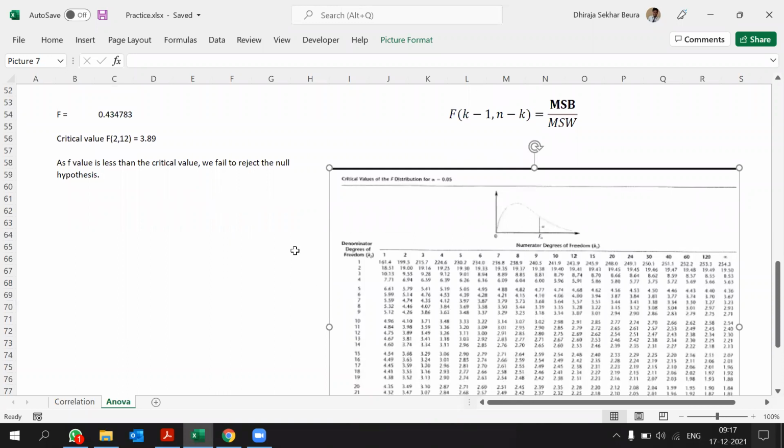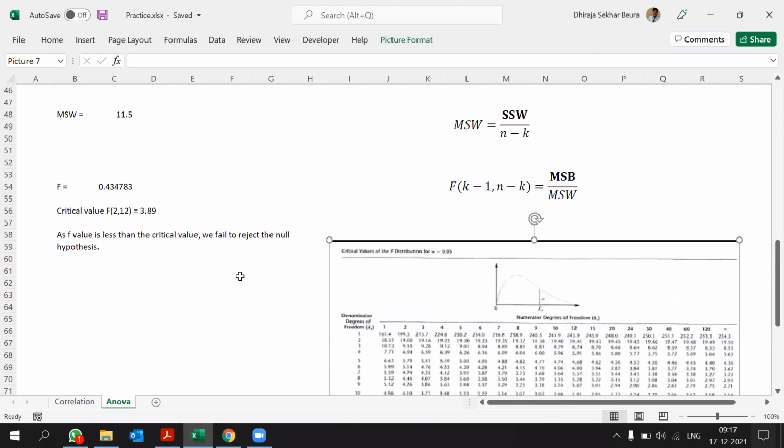Now, if no doubts, let's go to the comparison of F with the critical value. When the F value that you have calculated is more than the critical value, here that is not the case. However, when the F that you have calculated is more than the critical value, in that case, you reject the null hypothesis.